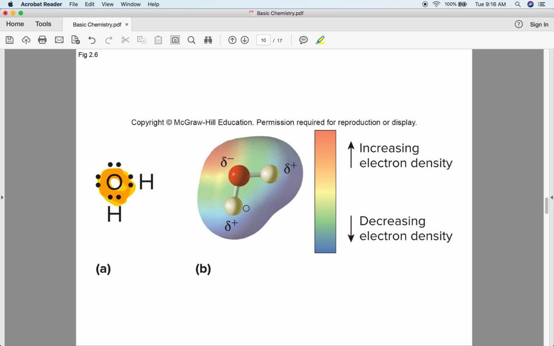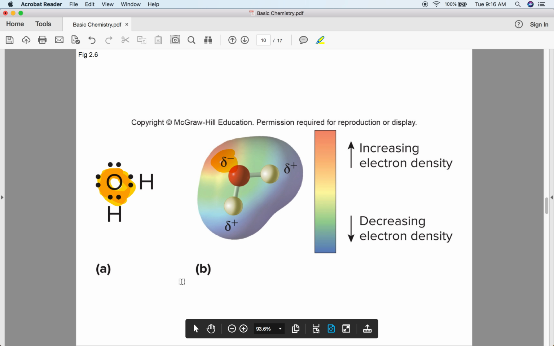Because the oxygen is more electronegative than either of these hydrogens, it pulls these electrons towards this pole over here. So there's more electron density here as we think of this cloud. That means there's sort of a negative charge over here and positive charges over here. And that's going to cause water to have all kinds of interesting behaviors.